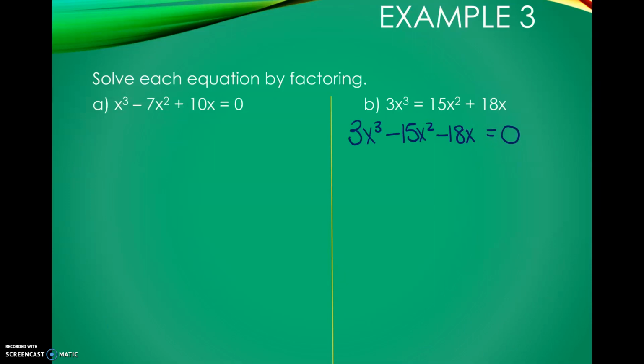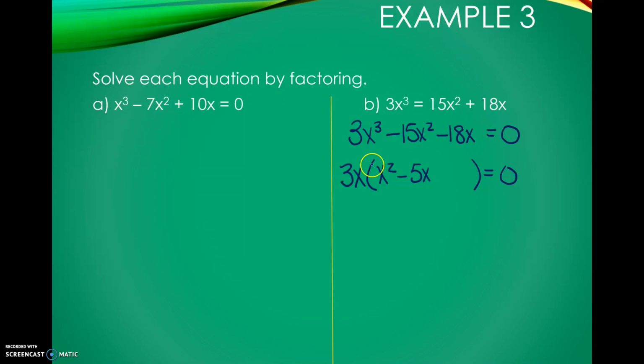Because this isn't x squared, I want you to think about, what do these three terms have in common? They all definitely have an x, but do these numbers have anything in common? We could divide everything by 3. 3x to the third divided by 3x would be x squared. Negative 15x squared divided by 3x would be negative 5x.